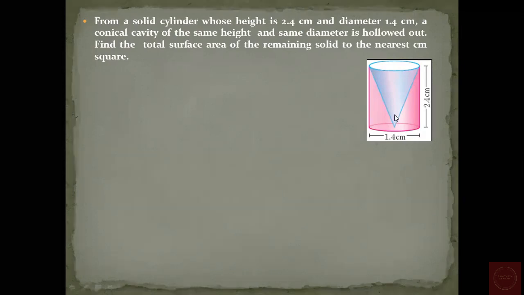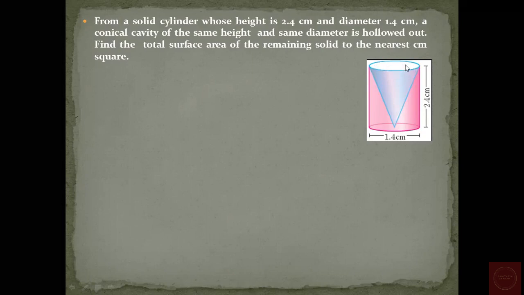One way is this, and the second way is we can find the total surface area plus curved surface area of this cone and minus the top of this solid, right? So we have to subtract.